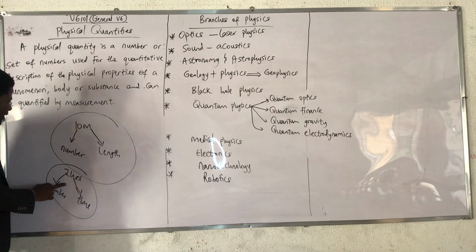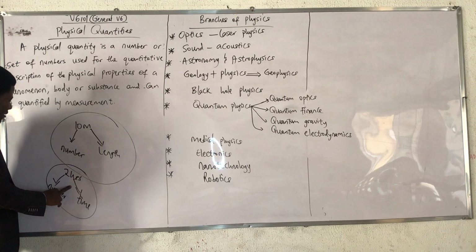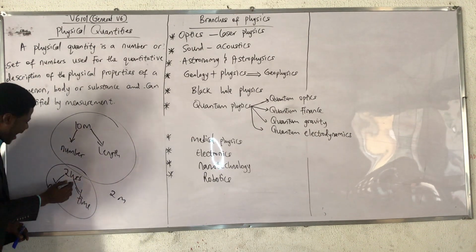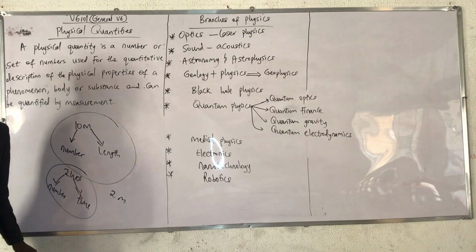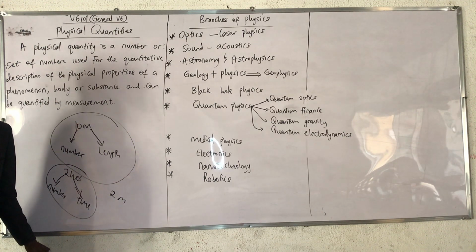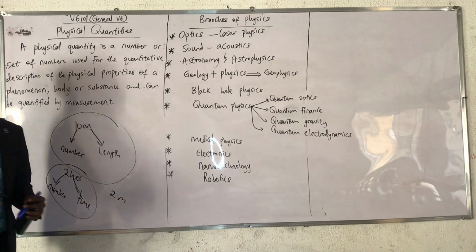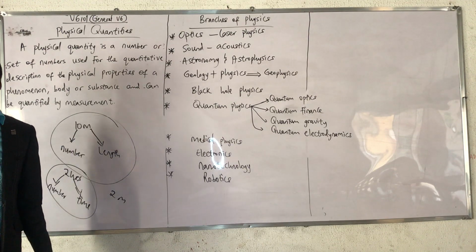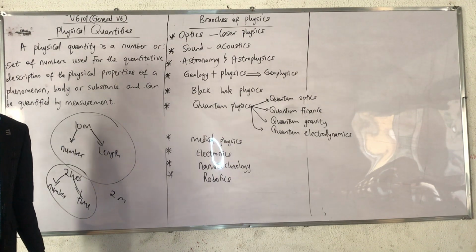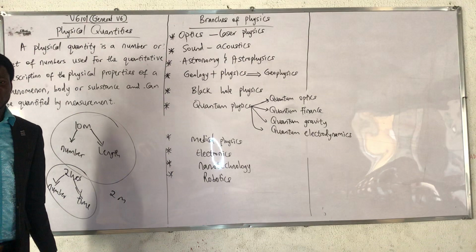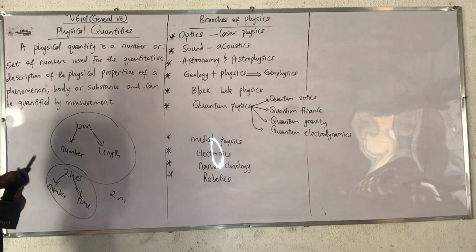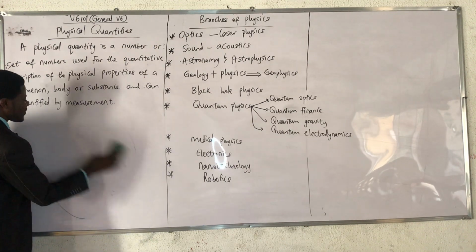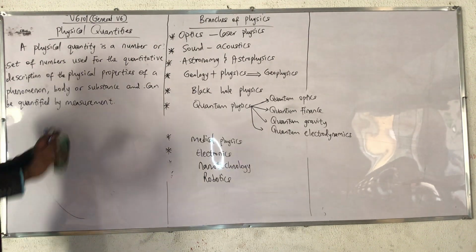I can also say 2 meters. Now if there is no unit there, I won't know which one is talking about time and which one is talking about length. So in most cases, physical quantities go with units, so as to define them uniquely. Are we together?